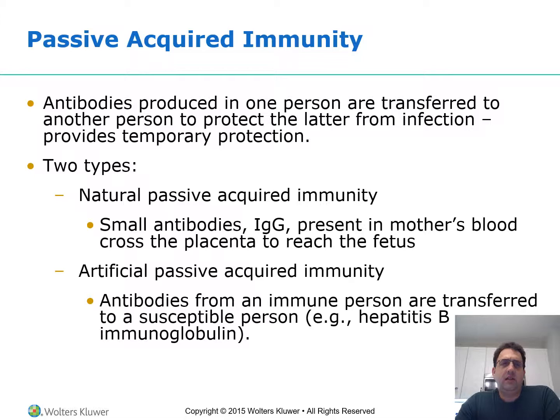antibodies. Now, artificial passive acquired immunity basically means you are given an antibody that was made somewhere else. So the best example is the anti-tetanus antitoxin, which would be given to you after you are exposed to tetanus.